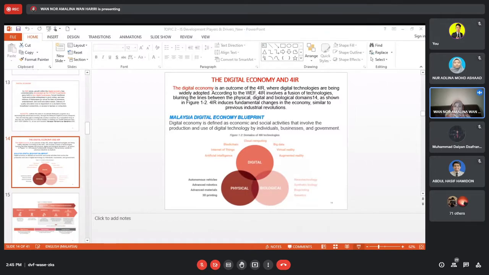Physical technology includes autonomous vehicles and advanced robotics. Combined with biological technologies in terms of neurotechnology, synthetic biology, bioprinting, and genetics, all combined with the digital technologies, we come up with the 4IR. This is where we are right now.